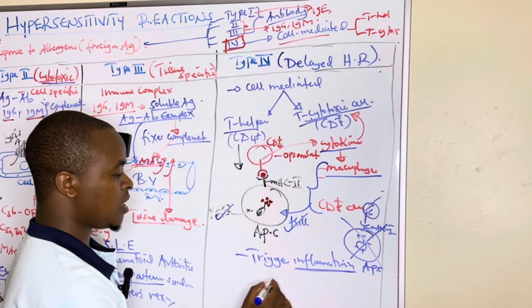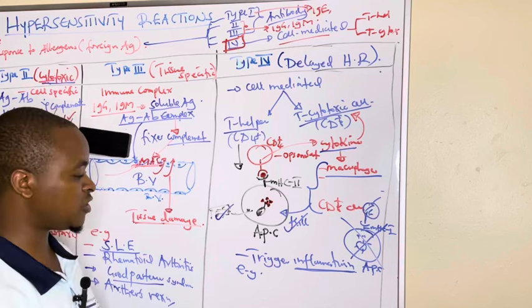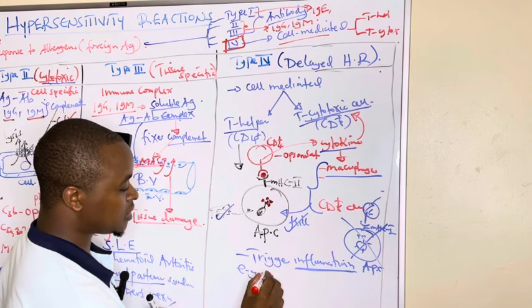An example of type 4 hypersensitivity, or delayed hypersensitivity reaction, is what we call the tuberculin test.